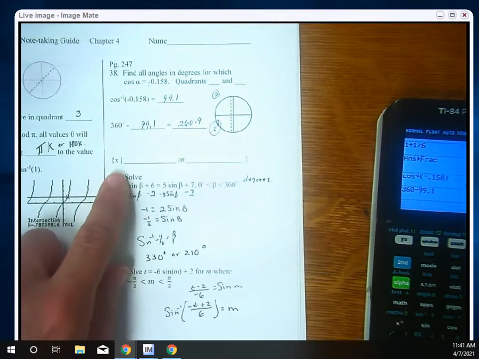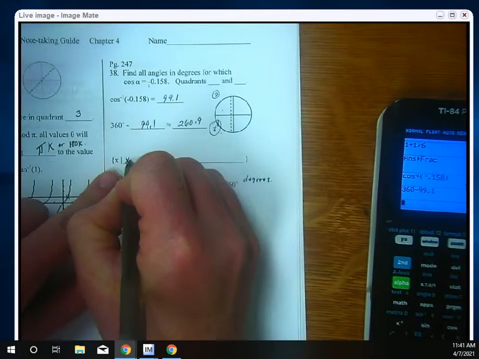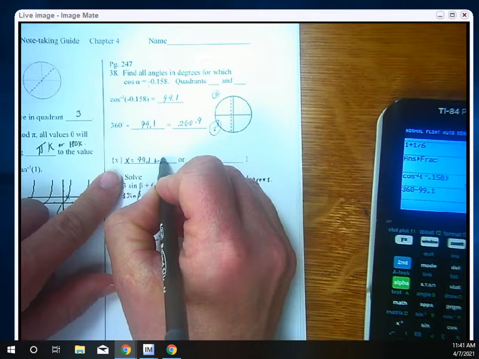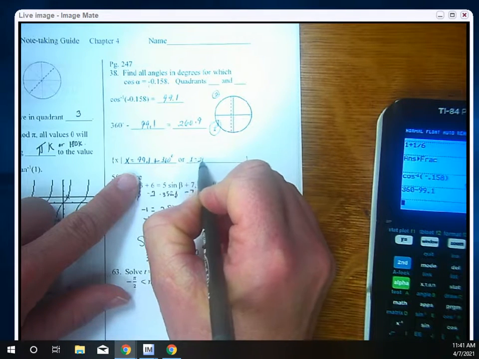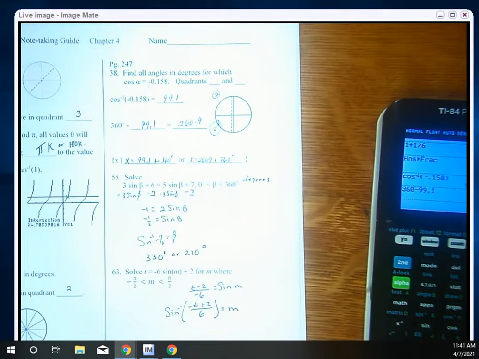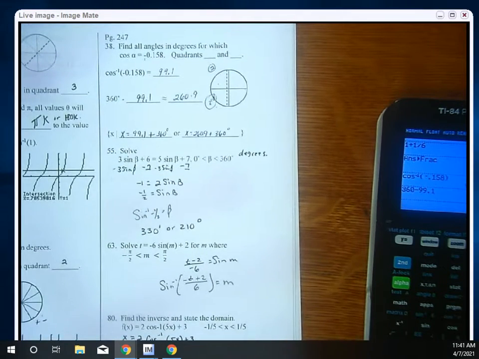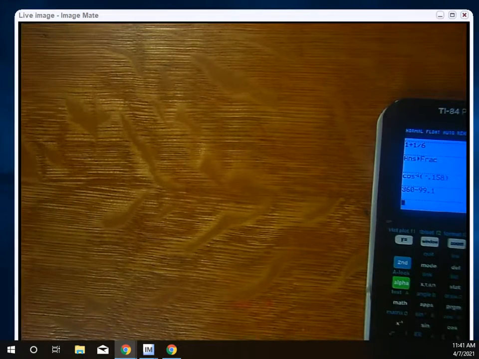All right, so our solution, x such that x equals 99.1 plus 360 degrees, or x equals 260.9 plus 360 degrees. Yeah, on those asymptotes, they get rough.